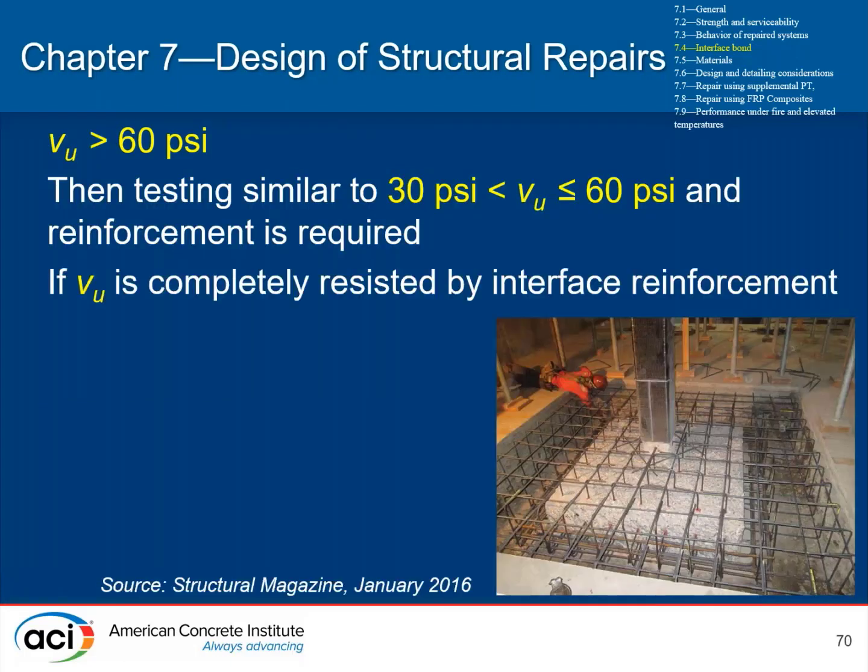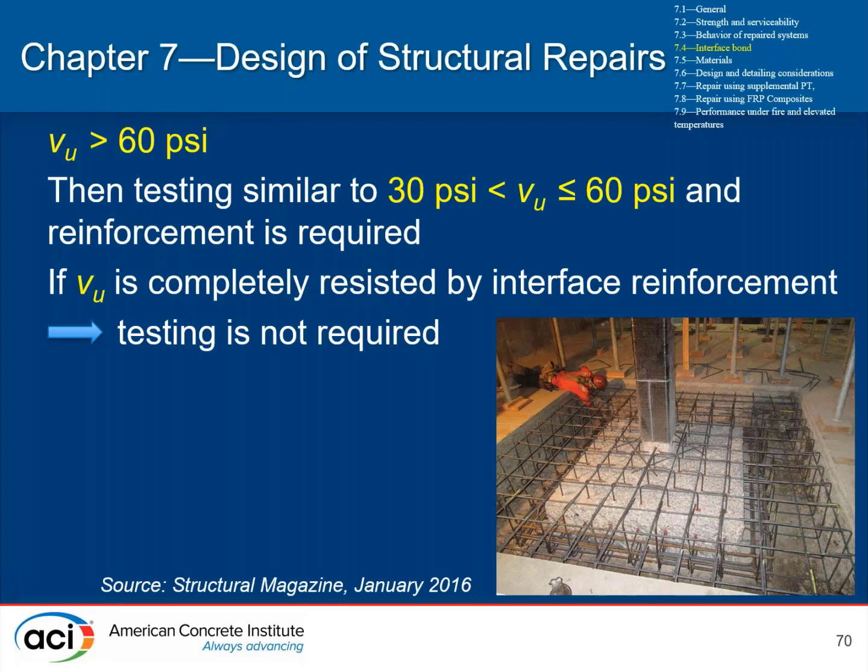So if VU is greater than 60, it still requires bond testing in accordance with what we previously talked about, where it's between 30 and 60 psi, unless VU is completely resisted by interfacial reinforcement, and then testing is not required.